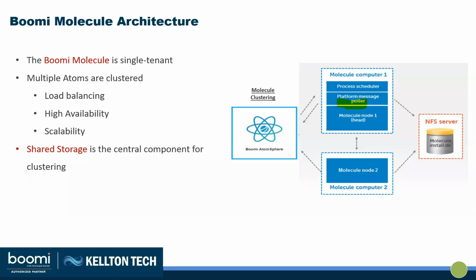Of course, it would tend to fail. But if the head node itself goes down, then another child node assumes the responsibility of the head node, and then it provides the same set of features like load balancing, high availability, and scalability across the rest of the molecule nodes available. So that way, it's a robust architecture.